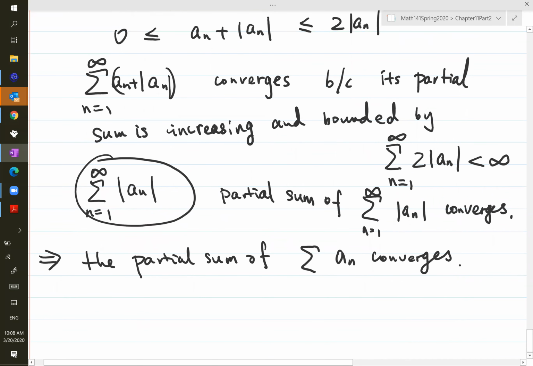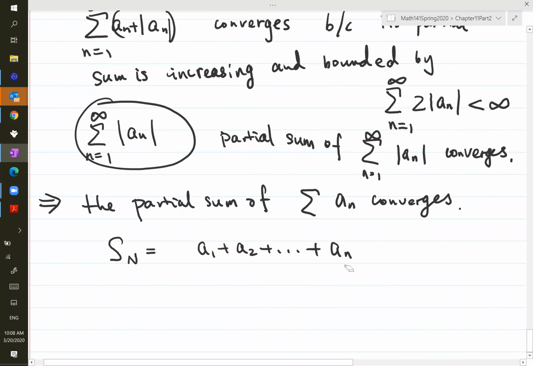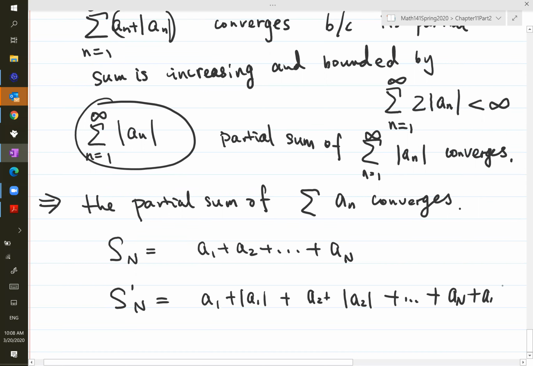Now let's use some notation. Let's use S_N to be a_1 plus a_2 plus ... plus a_N, capital N, sorry. S prime N to be the partial sum for this, with |a_N| absolute value.